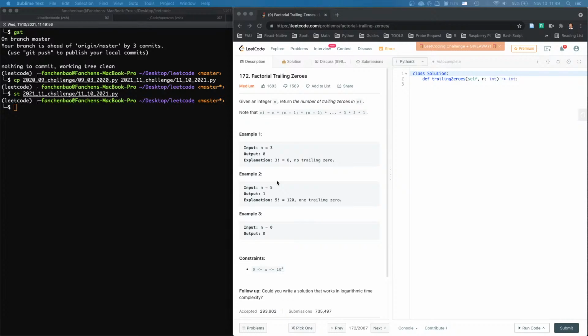That means for every single 5, we shall be able to find a 2. That was my guess. Is that a correct guess?